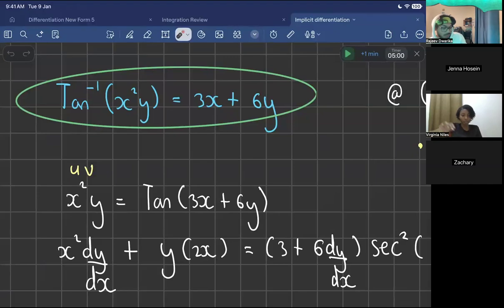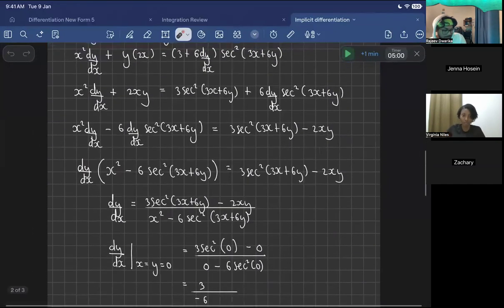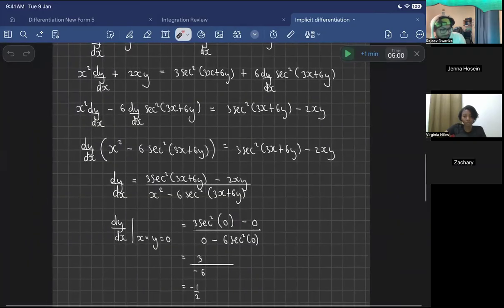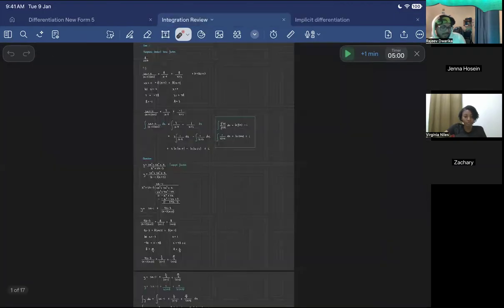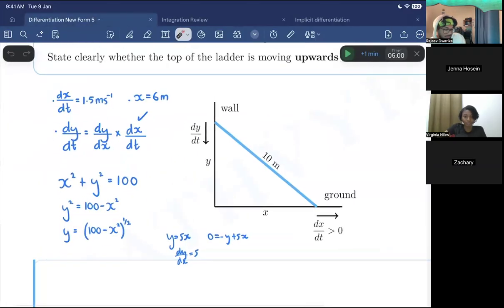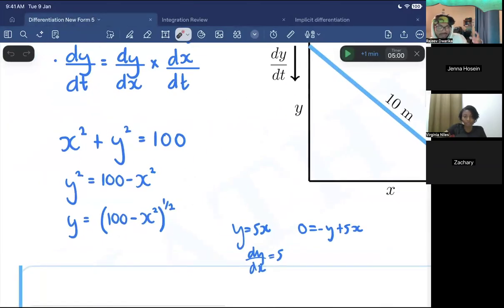So all you could do is differentiate implicitly and pull out the dy dx, but you'll notice in dy dx you'll have x and y in it. Yeah, okay, I understand. But what I'm saying is, in this question, is it possible to make y the subject of the formula?